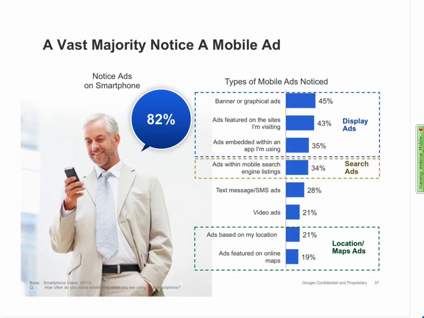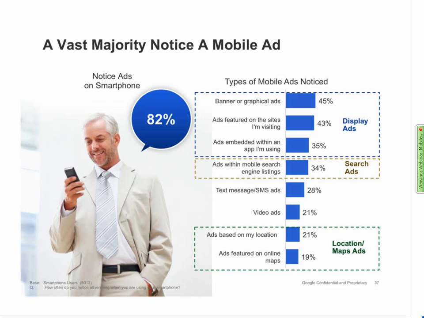And the most common type of ads that get noticed and visibility are display ads. But a third of people also really notice search ads. And we think that this high percentage of noticing and recall of mobile ads is probably due to the fact that mobile phones have a smaller screen.